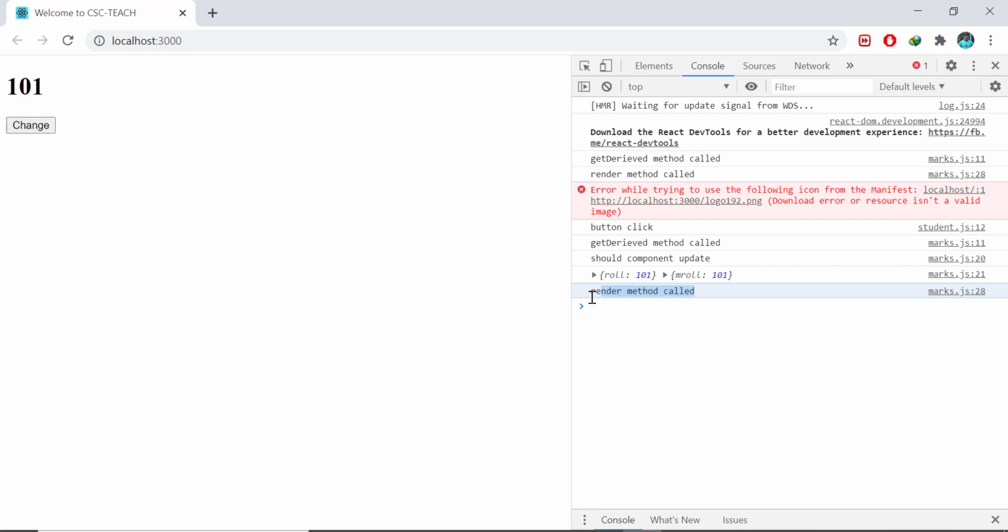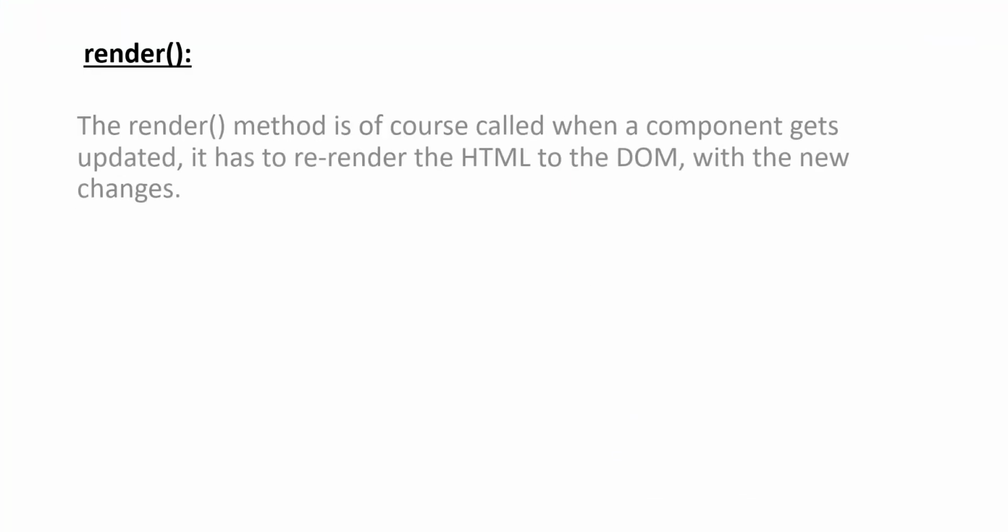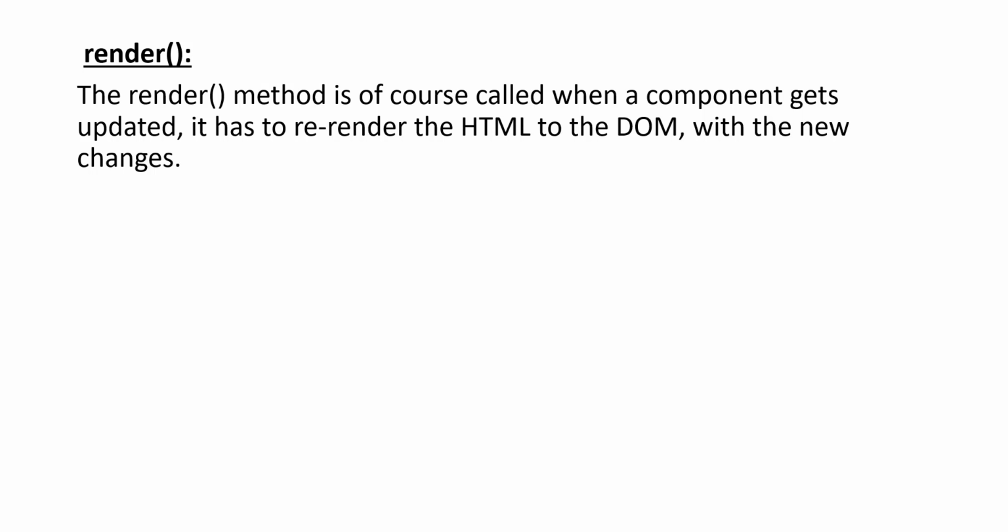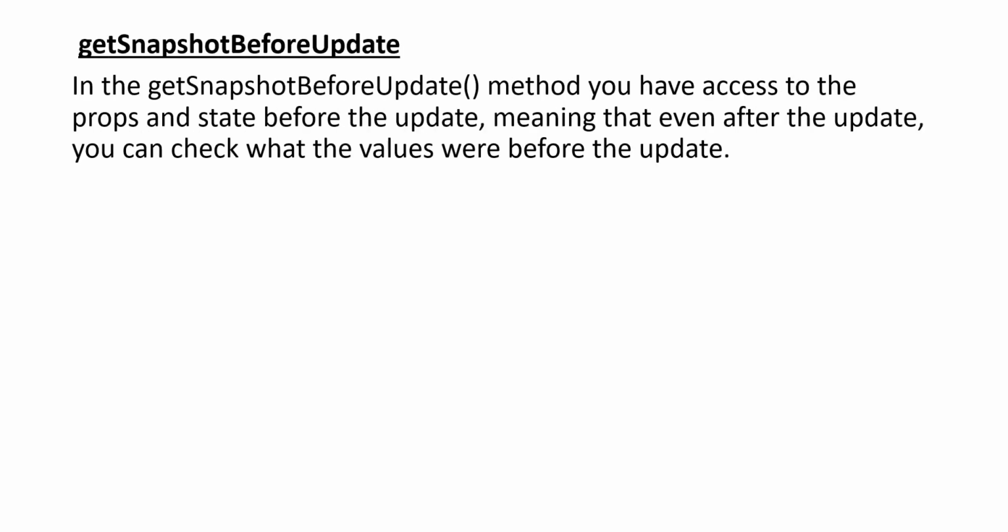Let's go to another method, that is getSnapshotBeforeUpdate. I have already told you about the render method, so let's jump to getSnapshotBeforeUpdate. In this method, you have access to the props and state before the update, meaning that even after the update you can check what the values were before it.